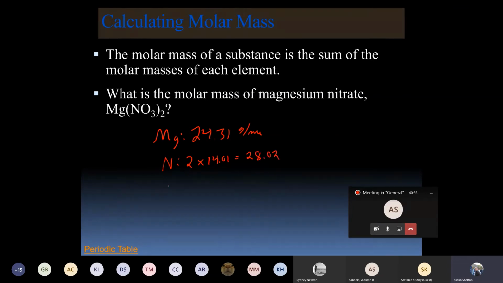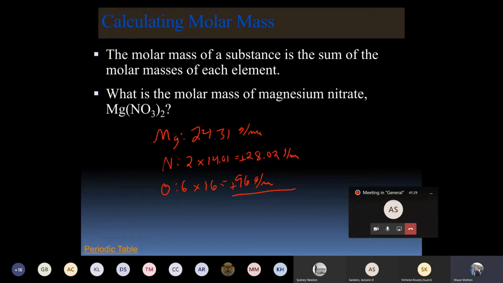And we're going to do the same thing for the oxygen. Now in this case, it's 3 times 2. So that's 6 oxygens times 16, which gives me 96. So now we just need to add these three together. We have 24.31 plus 28.02 plus 96.